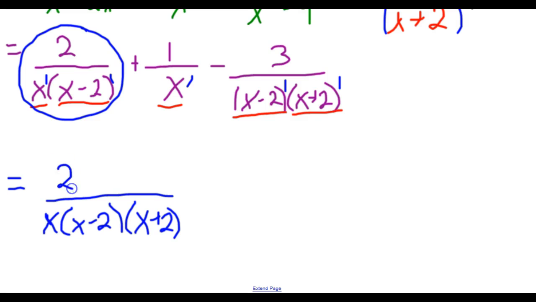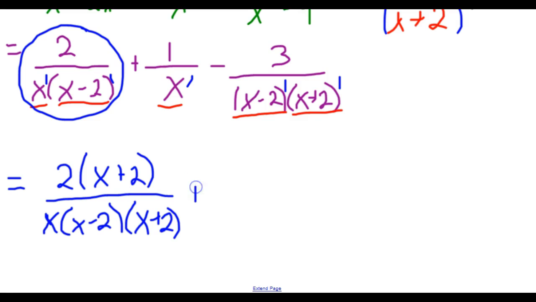So I would take my numerator times x plus 2. Since I'm multiplying the numerator and denominator by the same value, I'm not changing the value of that rational expression, we're just rewriting it in a different form.